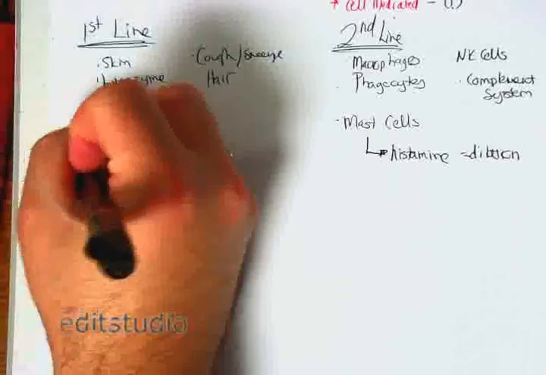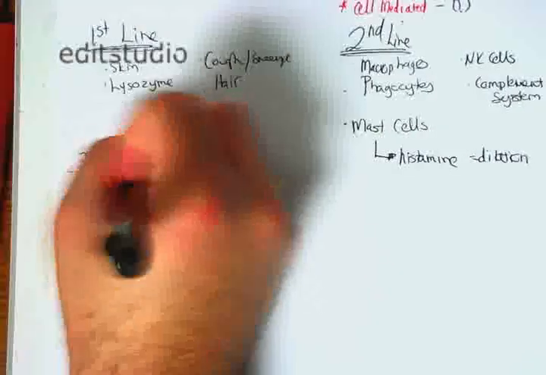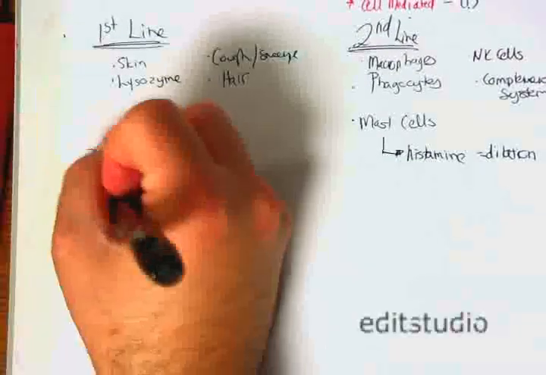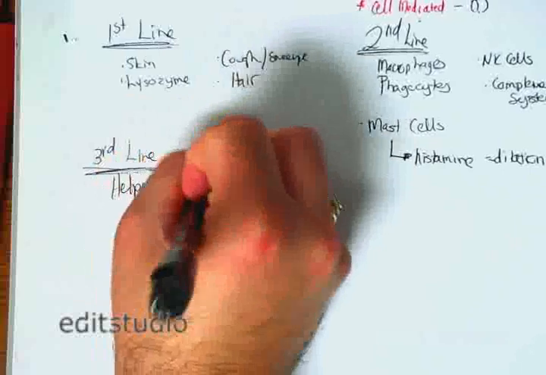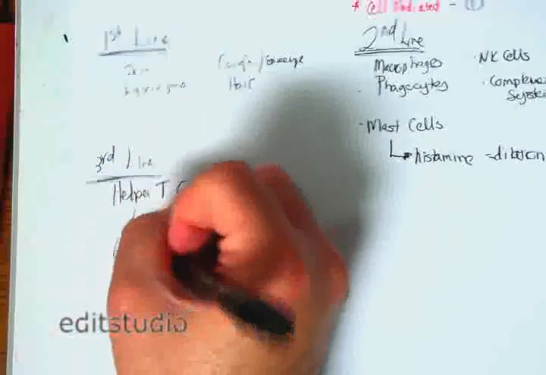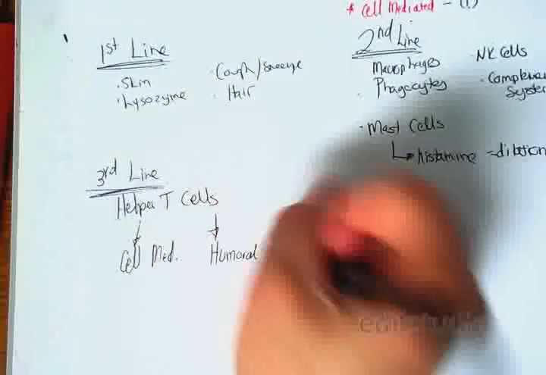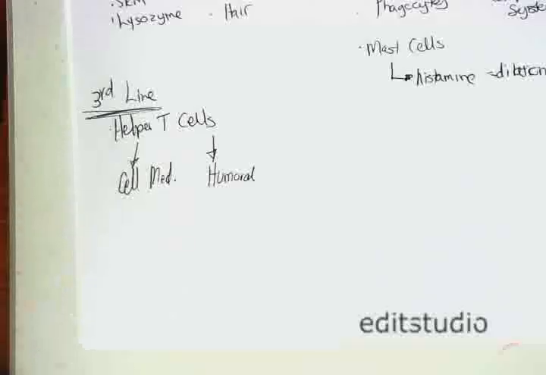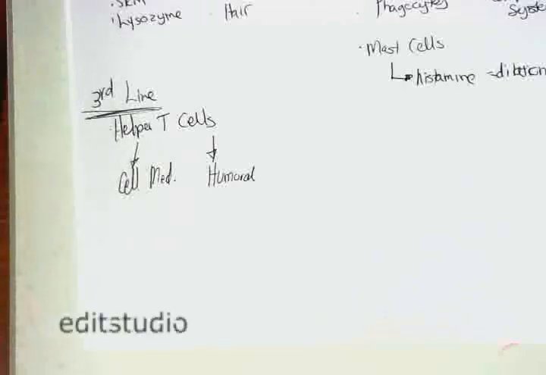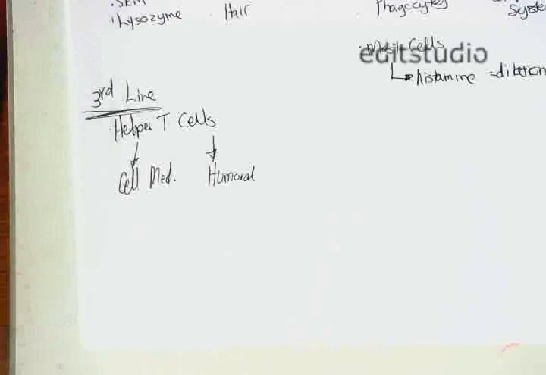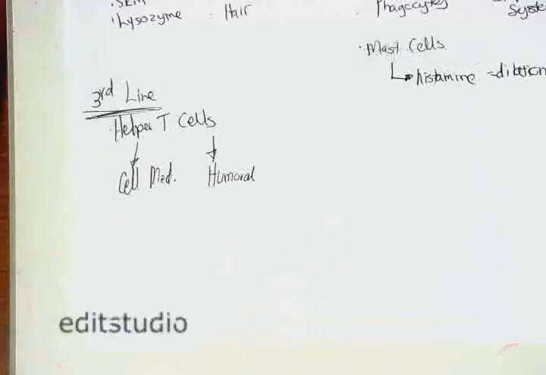Looking at your third line, who's the guy that's going to be responsible for starting the third line as a general approach? Helper T cells are all about starting up this process. They can start up both the cell-mediated or a humoral response. When this process starts up, what are the T cells recognizing? They're recognizing the MHC particle, right?